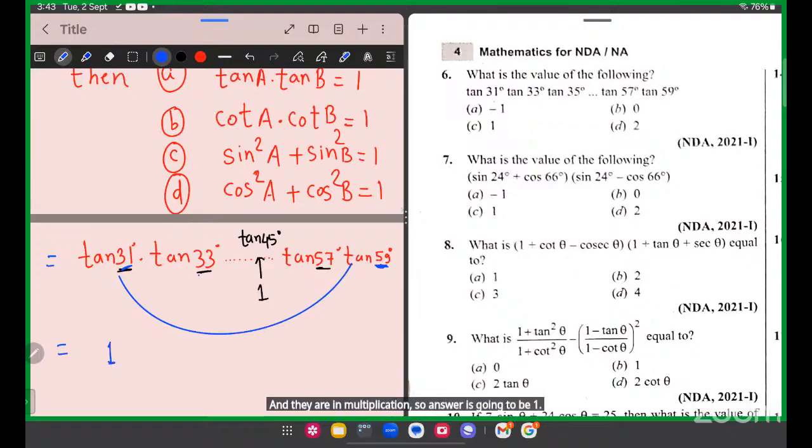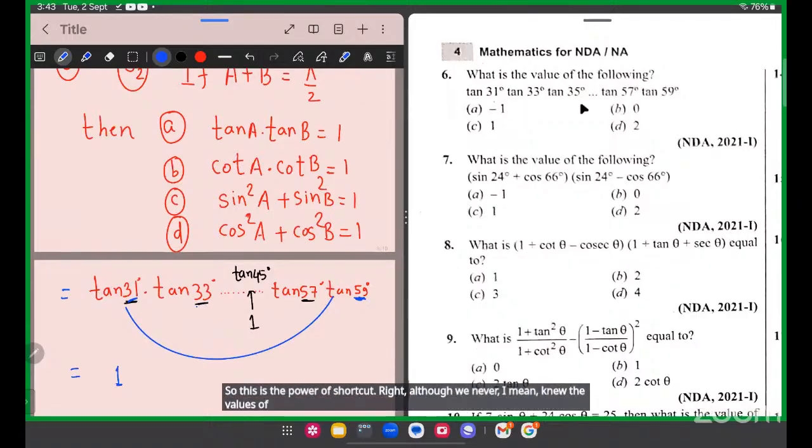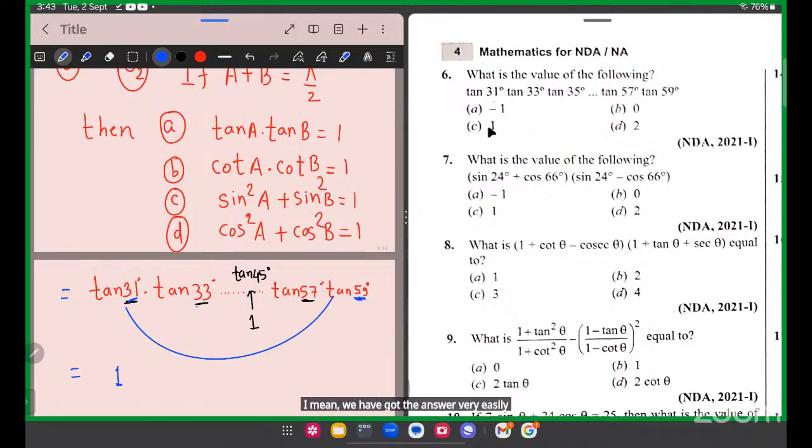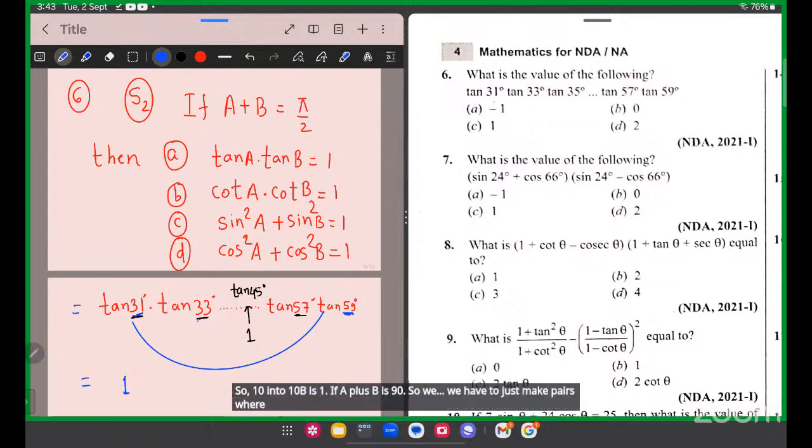So this is the power of the shortcut, right? Although we never knew the values of any of the angles except one, which was tan 45 degrees, we have got the answer very easily. So the answer is 1. I hope you understood. Tan A into tan B is 1 if A plus B is 90. So we just have to make pairs where the sum of the angles is 90 degrees.